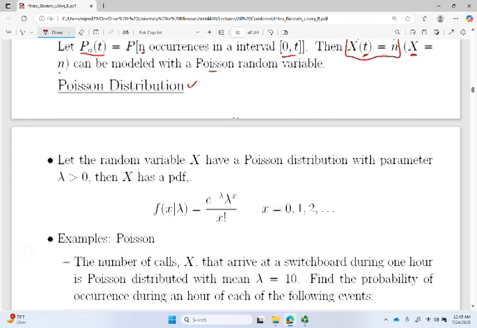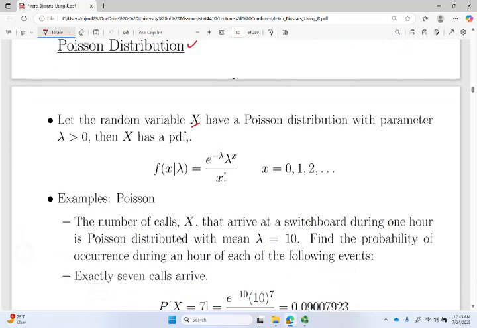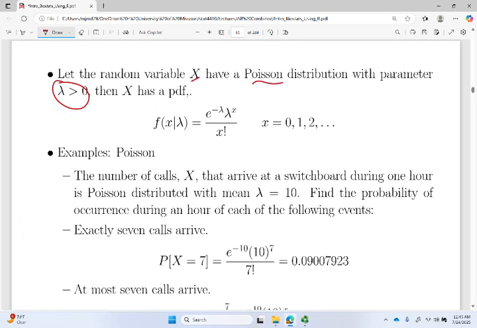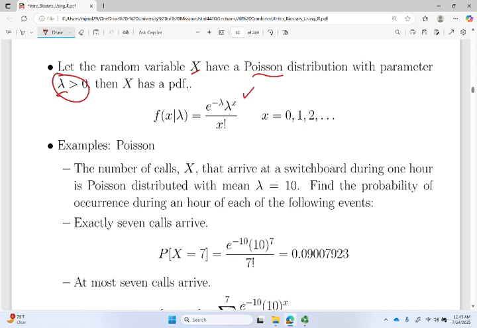So if we look at the Poisson distribution, a random variable x has a Poisson distribution with parameter lambda. Lambda governs how frequently or infrequently we see the events, and it's a population parameter, and usually we have to estimate it. This is the density of discrete type, or the probability mass function.